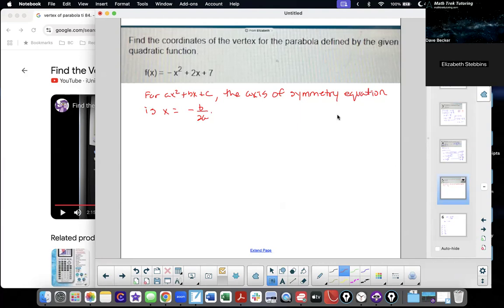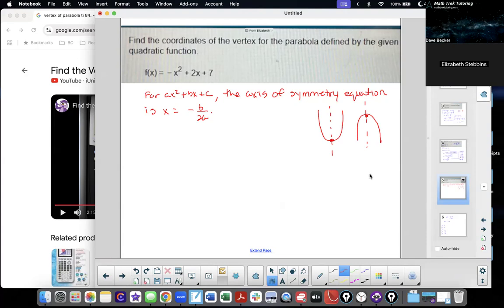And if you remember, the axis of symmetry is the guy that cuts the parabola in half, whether it's opening up or it's opening down. So it goes through the x coordinate of the vertex, which is either the maximum or the minimum.